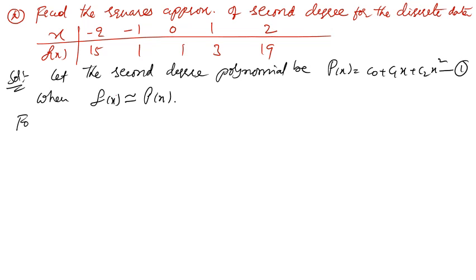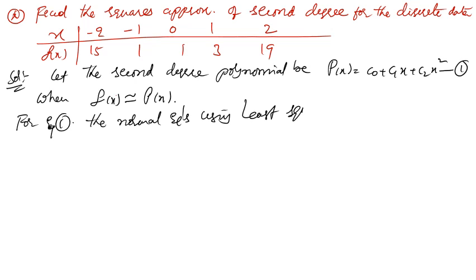For equation 1, the normal equations using the least square principle are, how to write? What is the equation now? What is the approximation? f of x equal to c naught plus c1x plus c2x square. In place of p of x, write f of x.